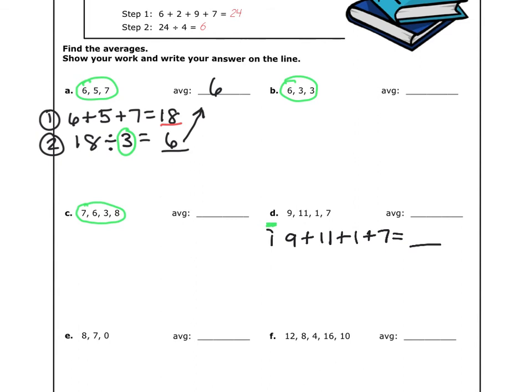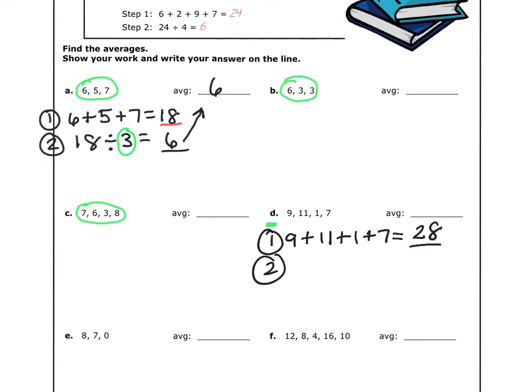That's step one. Add them up, okay? And then take your time and add them up. And then write it on the line, maybe before I do, right? All right, so did you get 28?